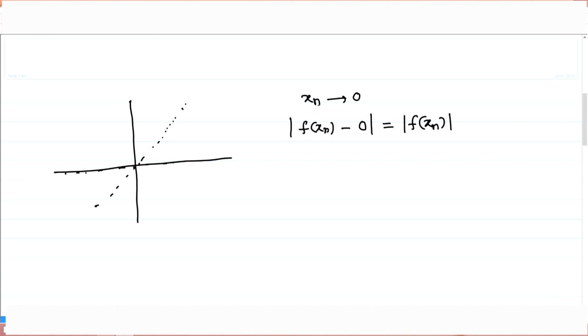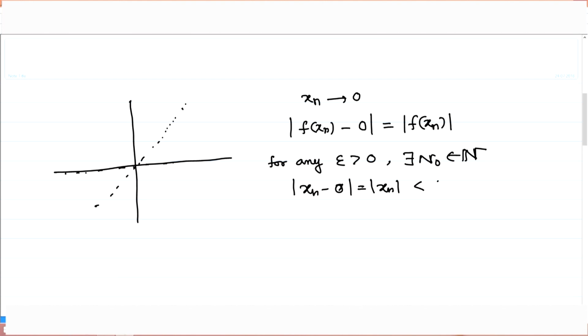Now since xn is going to 0, for any epsilon positive, I must get an n naught, a natural number, such that xn minus x, that is 0 here, which will be mod of xn, is less than epsilon for all n greater or equal to n naught.